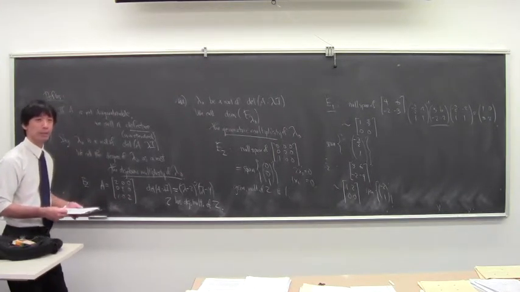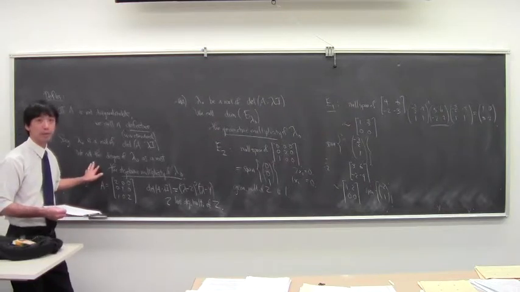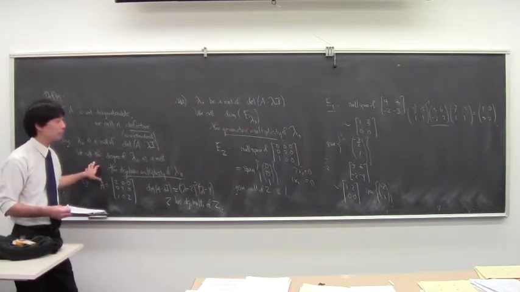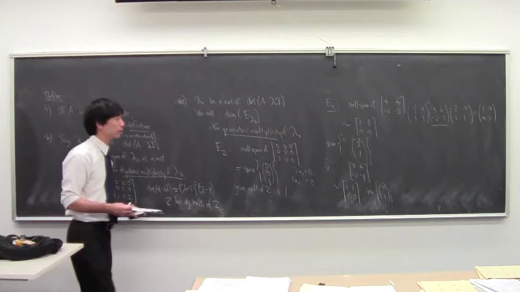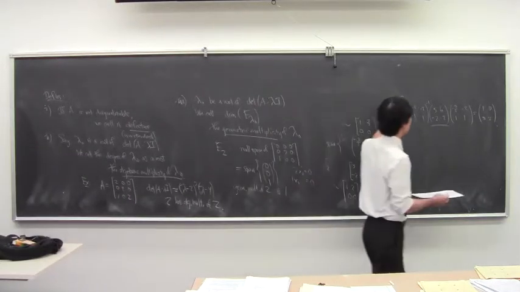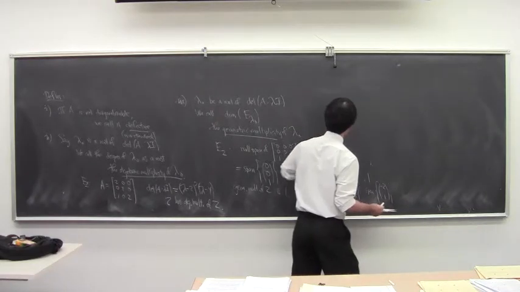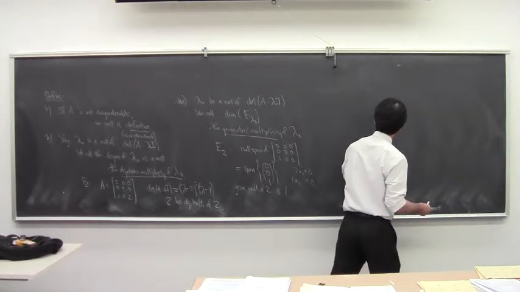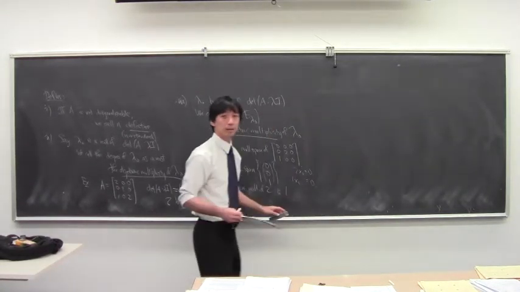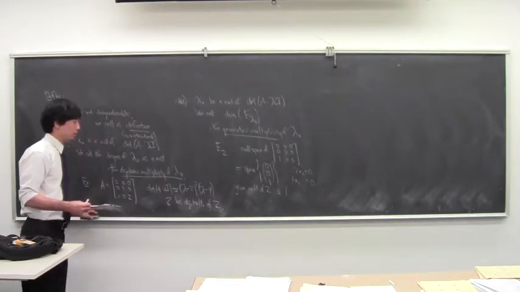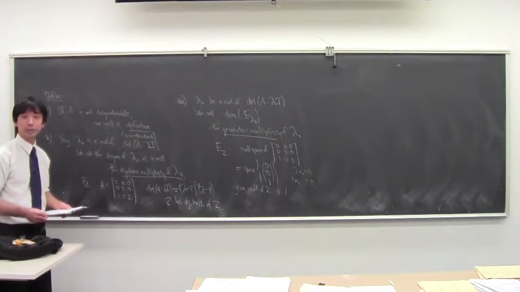Any questions about those two things? They are somewhat different things. They're related. There's a relation between them, but they are not the same thing. What do you think the relation is between these two things?